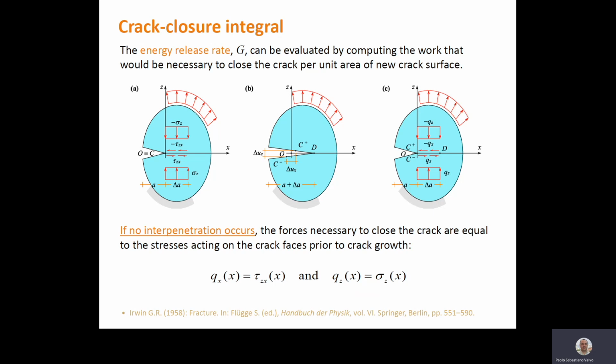If no interpenetration occurs between the crack faces, then the forces necessary to close the crack, shown in figure C as the distributed forces Qx and Qz in the x and z directions, respectively, are simply equal to the stresses acting at the crack tip in the initial configuration. So Qx will be equal to the shear stresses tau zx, while Qz will be equal to the normal stresses sigma z.